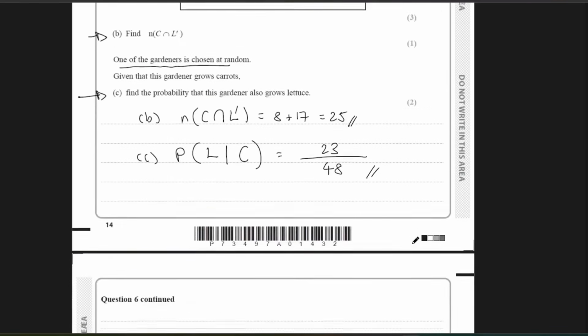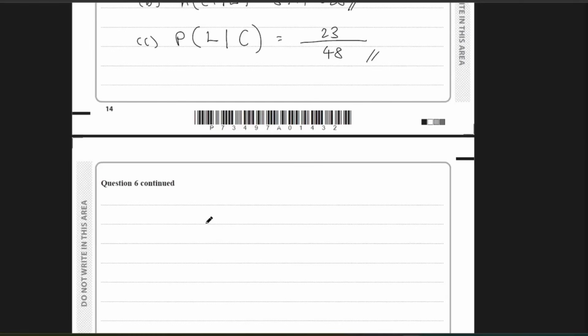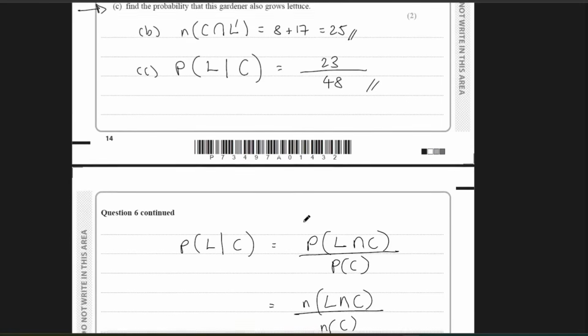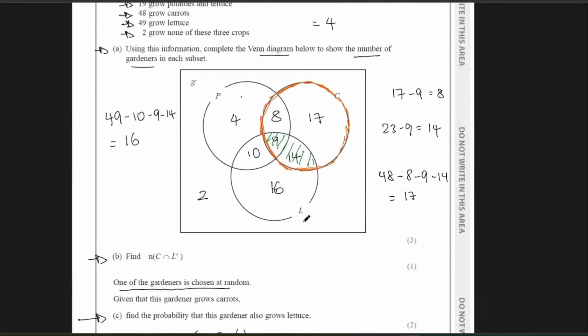Another way to look at this would be by using the formula for conditional probabilities. The probability of L given C is equal to the probability of L intersect C divided by the probability of C. This can be converted to the number of L intersect C divided by the number of C. What's the intersection of lettuce and carrots?